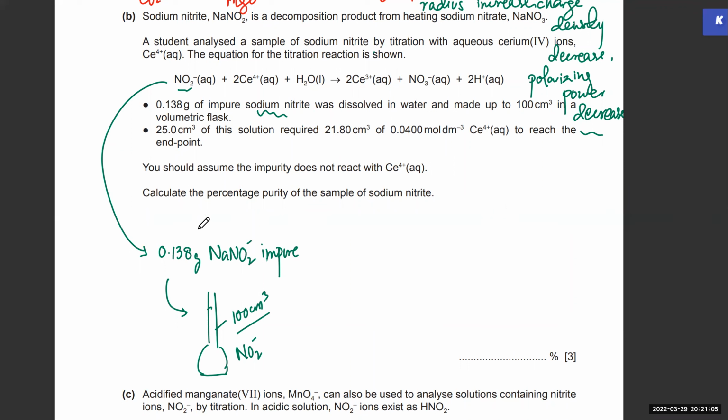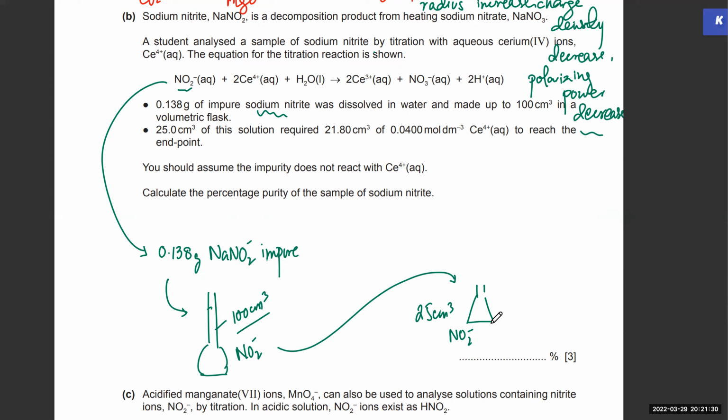So that's one thing, 0.138 grams dissolved in 100 cm3. Now, out of that 100 cm3 flask, 25 cm3 of this solution was taken out. So 25 cm3 of this solution that contains nitrite ions coming from sodium nitrite, right?